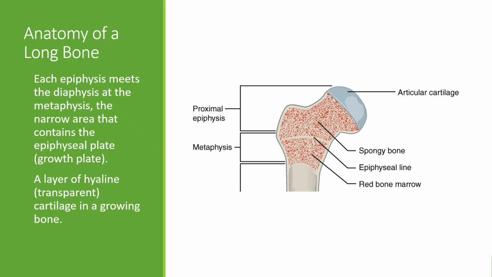So remember I said you started out as a hyaline cartilage mini-you, and it's going to convert over to bone, and where that conversion is happening is at that epiphyseal plate. Once you have reached the end of puberty and your bones are no longer getting any longer, that plate is going to seal and become the epiphyseal line.